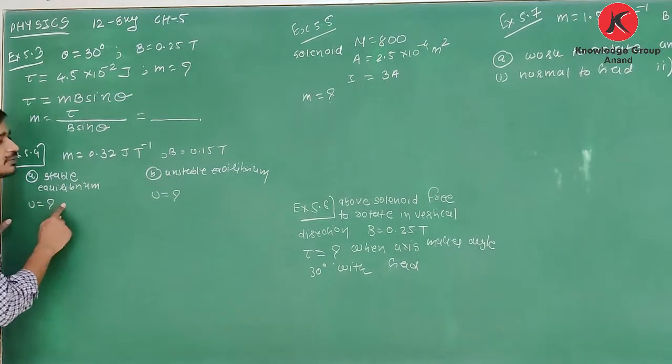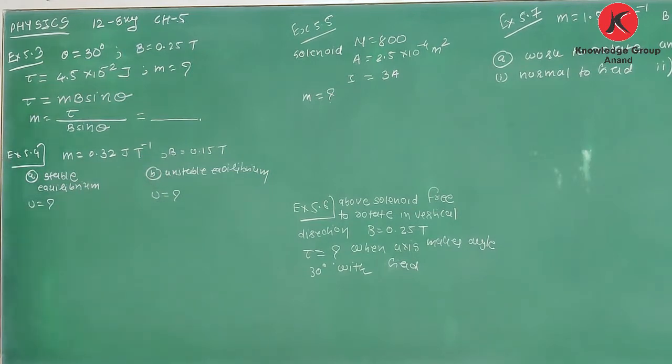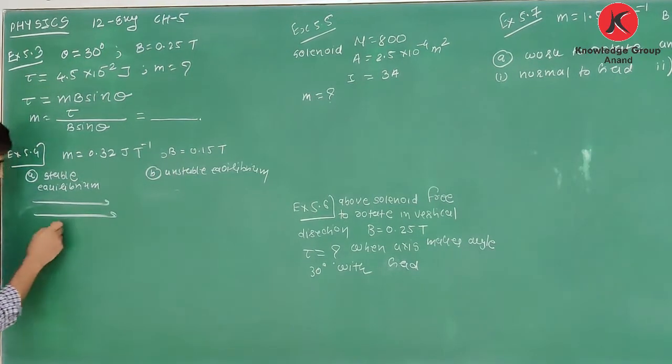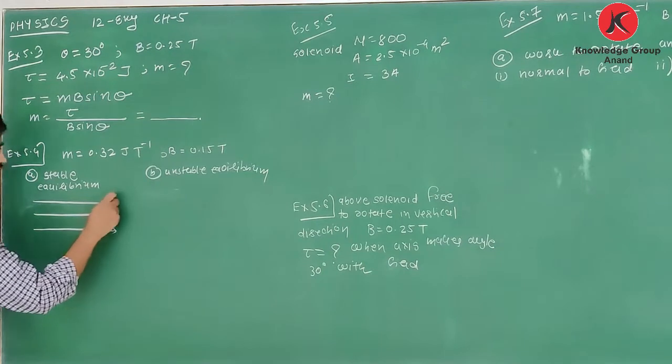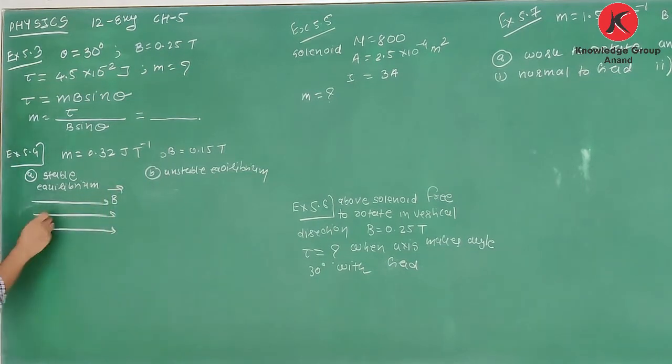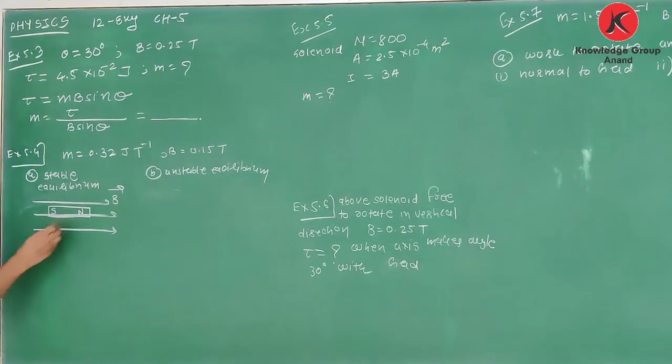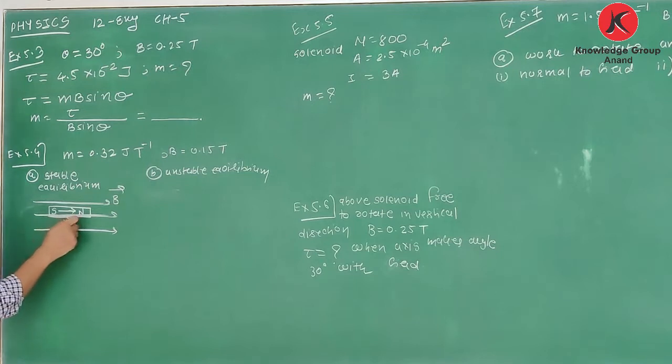First, in stable equilibrium, and what is unstable equilibrium? In such two conditions, you have to find the potential energy. We know stable equilibrium is when, in a uniform magnetic field, the dipole is placed such that the magnetic moment m, from S to N, and the field are in the same direction.